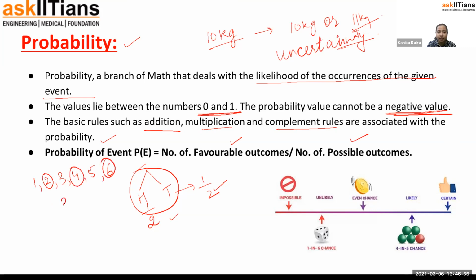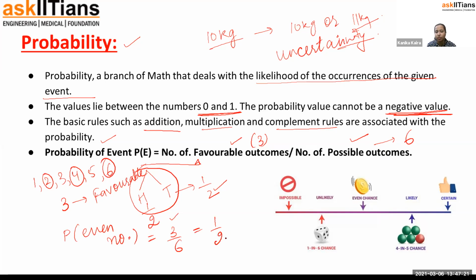So there are 3 favorable outcomes. I'm connecting this example with the definition. So total favorable outcomes you have 3, and total number of possible outcomes you have is 6. So probability of getting an even number would be equal to 3 over 6, which equals 1 over 2.